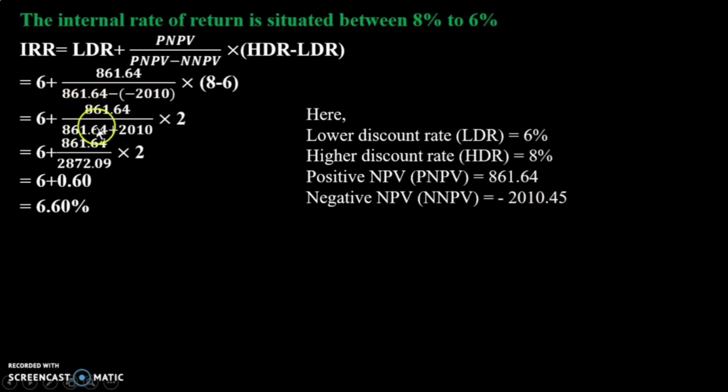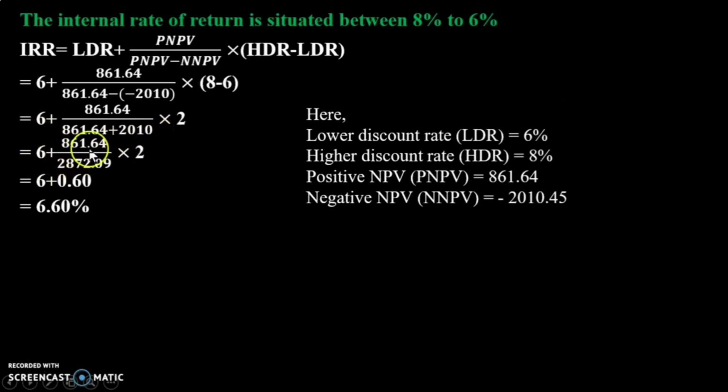Now look at the value: 861.64 plus, minus into minus equals plus 2,010.45.